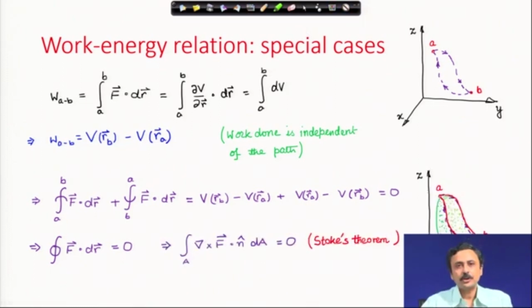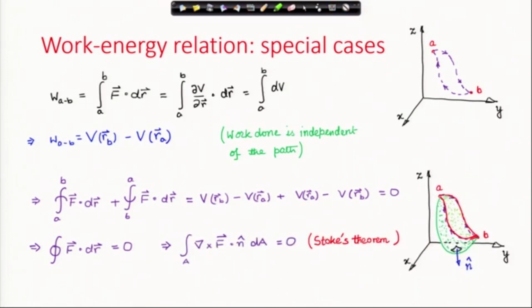Now, from Stokes' theorem, this implies that over any curved area which has these paths as its boundary, which is marked in red, the red is the boundary, it is like a pouch. You can think of this green part as a pouch whose boundary is formed by this path.